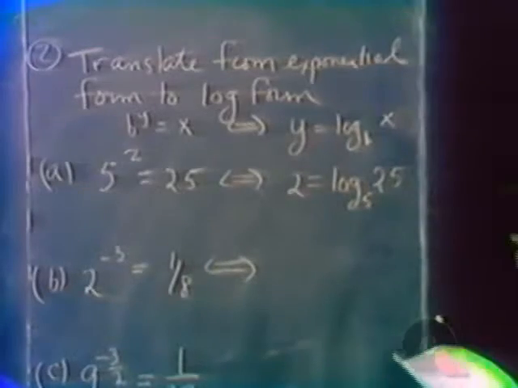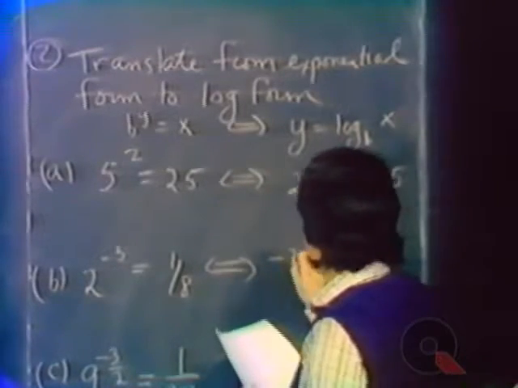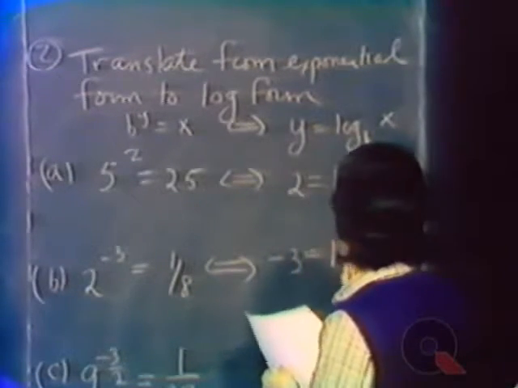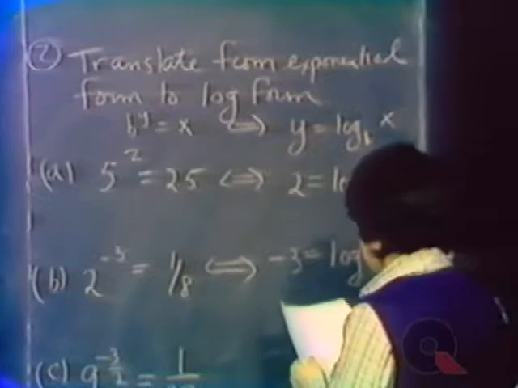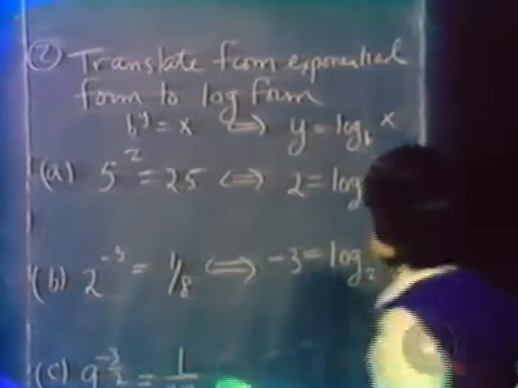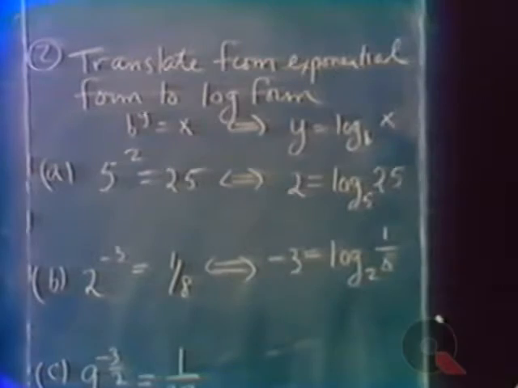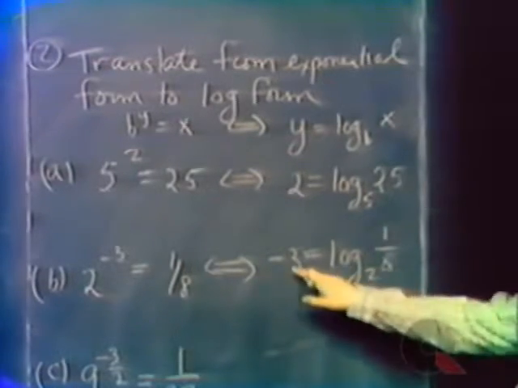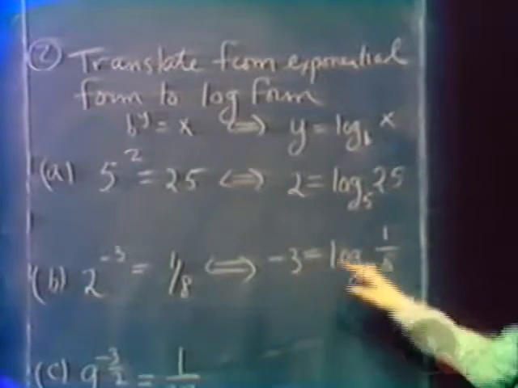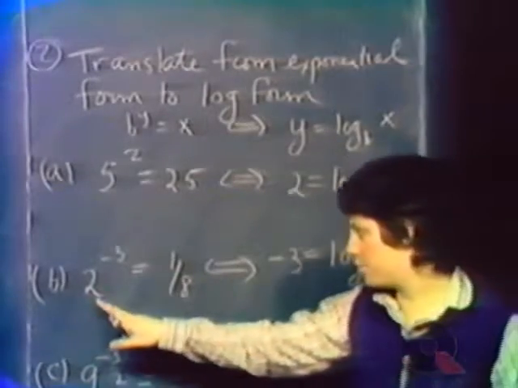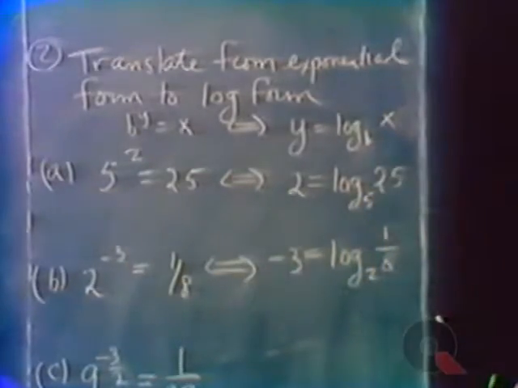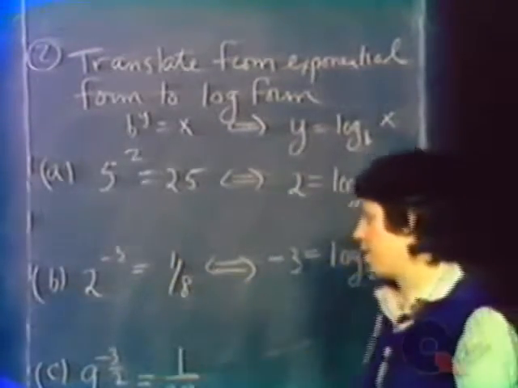Over here, we could write down that minus 3 is the log of 1/8 to the base 2. Minus 3 is the power that you'd have to raise the base 2 to get 1/8. 2 to the minus 3, of course, is 1/8.